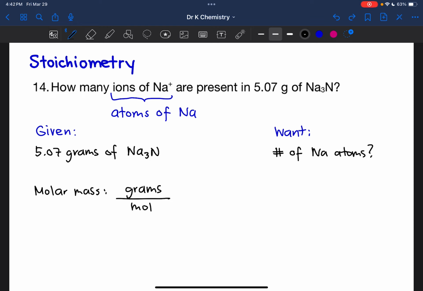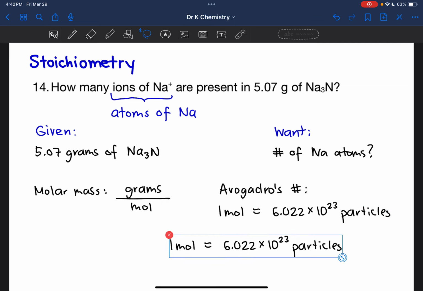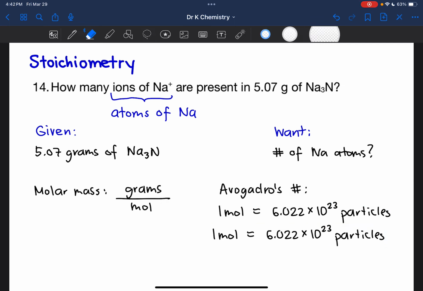The other thing to keep in mind is that Avogadro's number means that 1 mole is equal to 6.022 times 10 to the 23. And that is referring to anything. 1 mole of any kind of particle will be 6.022 times 10 to the 23 particles. That could mean anything. It could be pieces of candy. You could have 6.022 times 10 to the 23 pieces of candy.